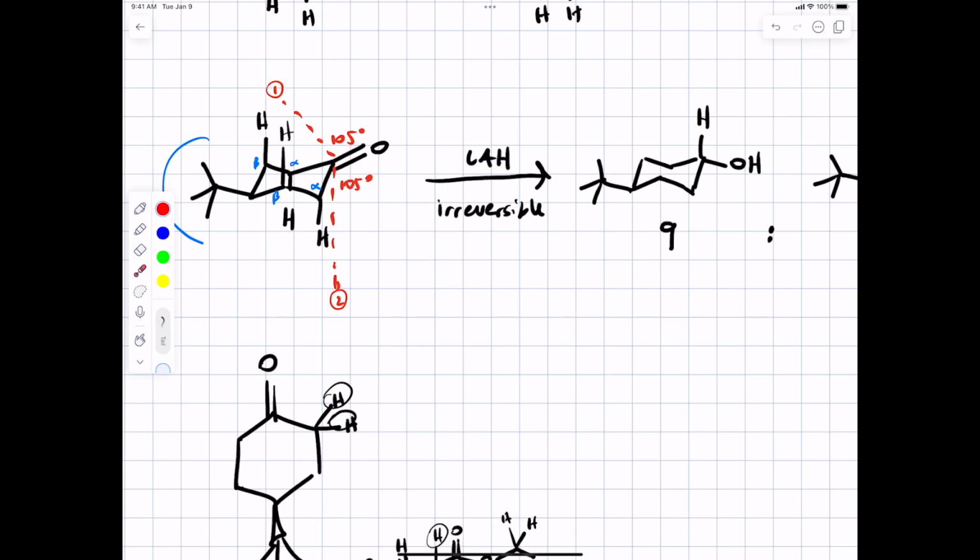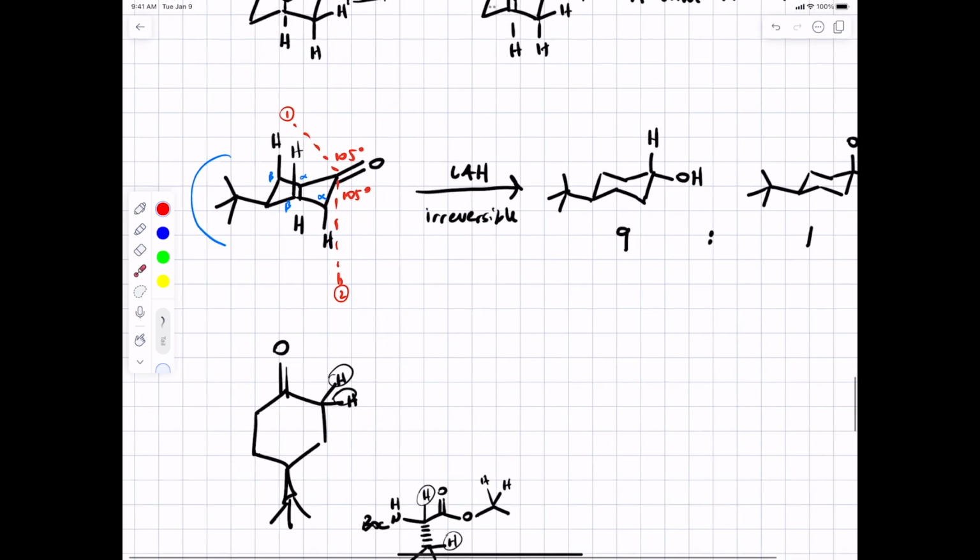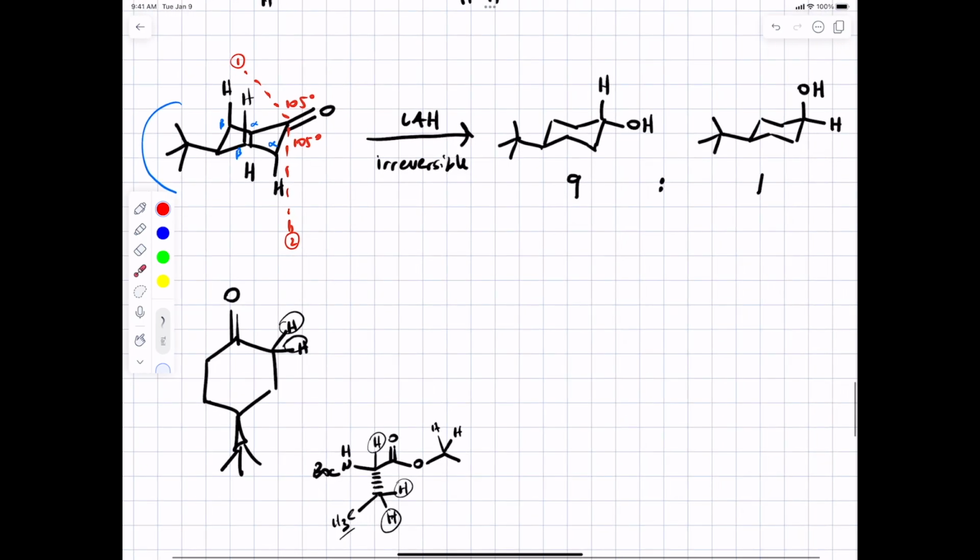We noted that approach from the top face sort of brings you in contact with these axial beta protons, whereas approach from the bottom face sort of brings you in contact with these axial alpha protons. We noted that approach from the bottom face maybe gives you steric problems with respect to that t-butyl group, though you're still kind of far away, so it's unclear what difference that would necessarily make.